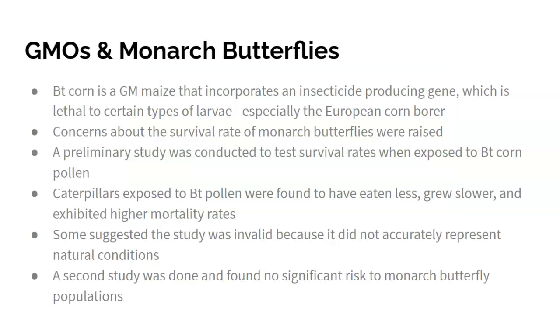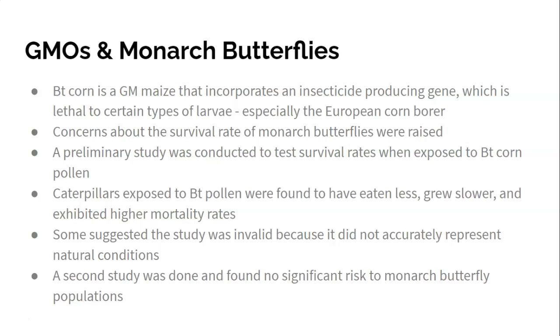So as an example, GMOs and monarch butterflies. That BT corn that I was talking about has that insecticide gene. So that means that it produces this lethal insecticide to the European corn borer, which is the larva of the European corn borer.